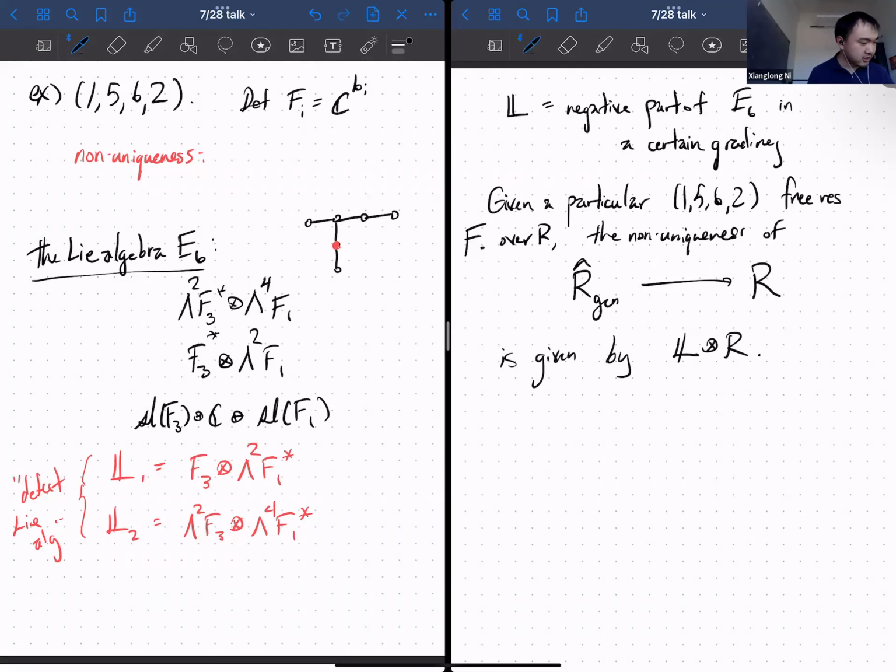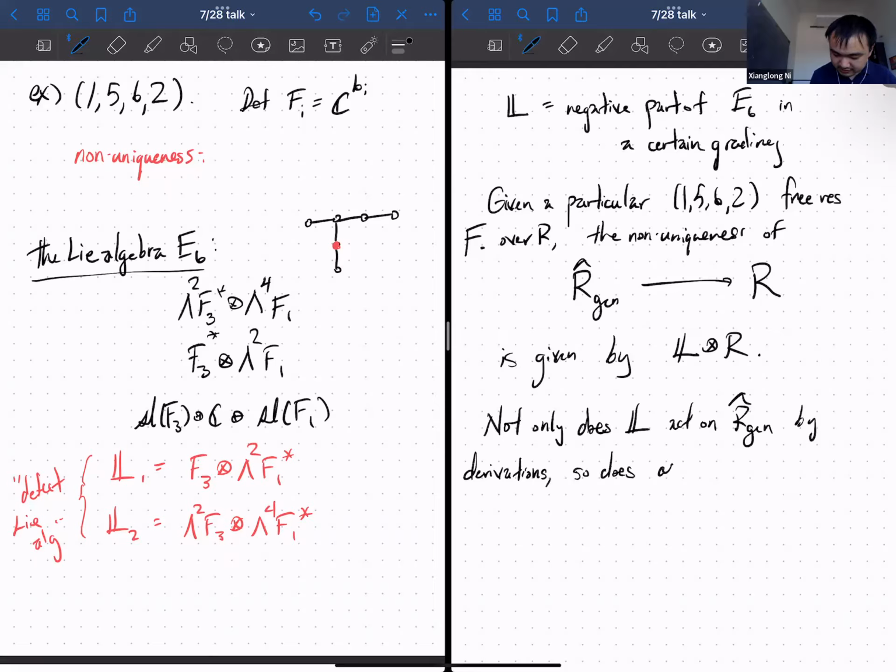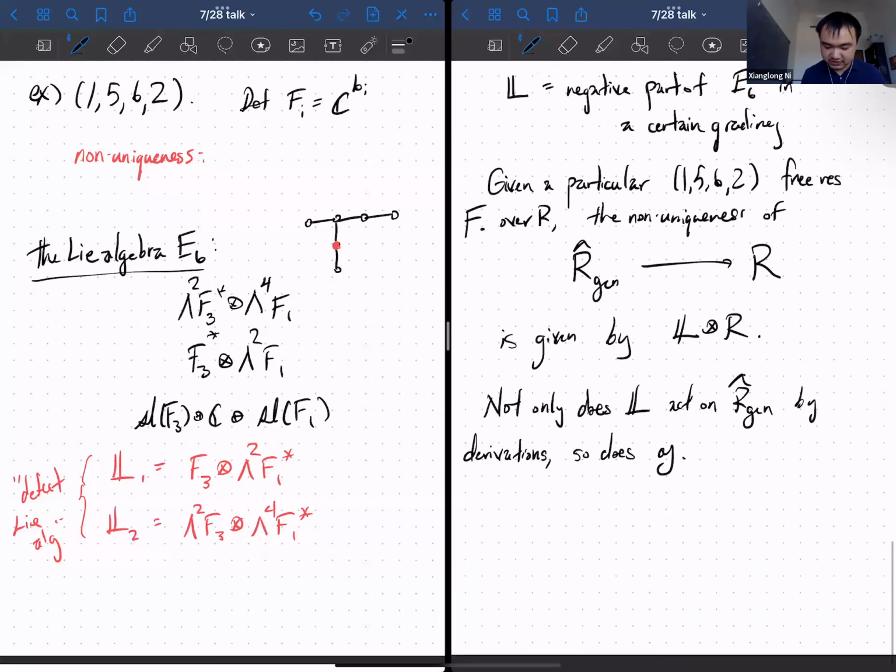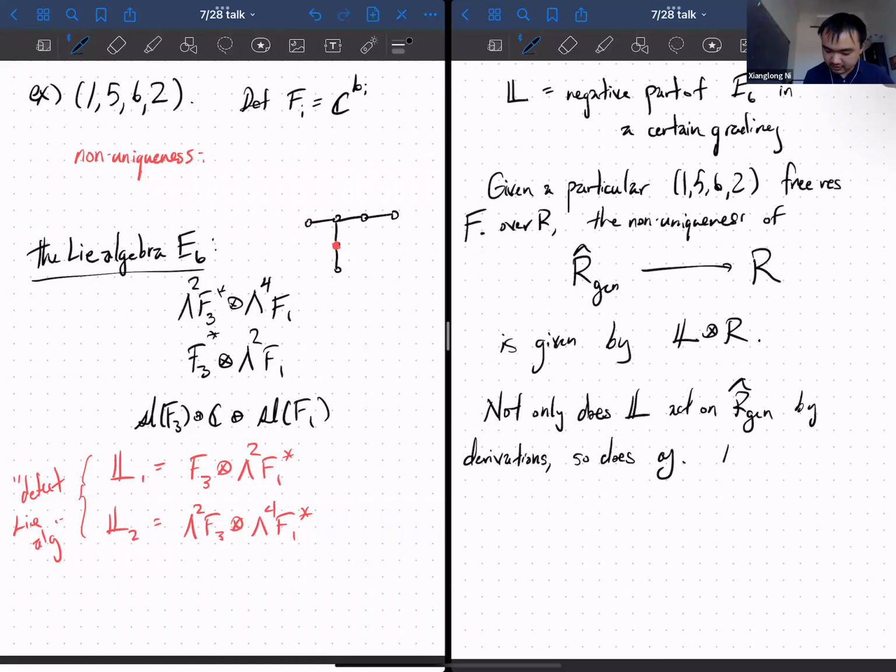So say that now, not only does L act on R generic by derivations, so does this larger Lie algebra G, which in this example of 1562 ended up being E6. So what is G in general? So in general, here, G is the Kac-Moody Lie algebra associated to the graph.